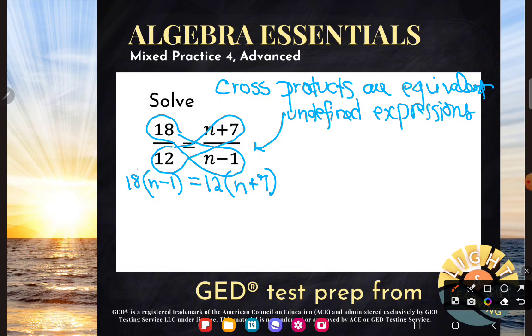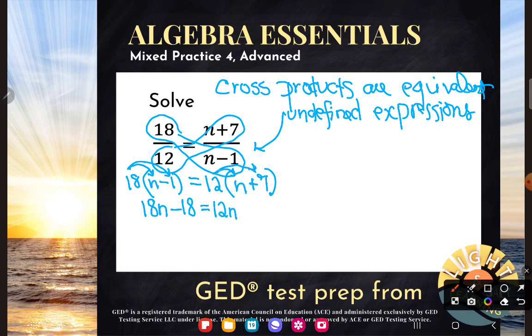We can see that multi-step equation skills are coming up here as well. Since 18 is shoved up against these parentheses, it is multiplying both the terms in that grouping. So 18 times n is 18n, and 18 times negative 1 is negative 18. And that's going to be equivalent to, well, I can pass out my 12 as well. 12 times n is 12n.